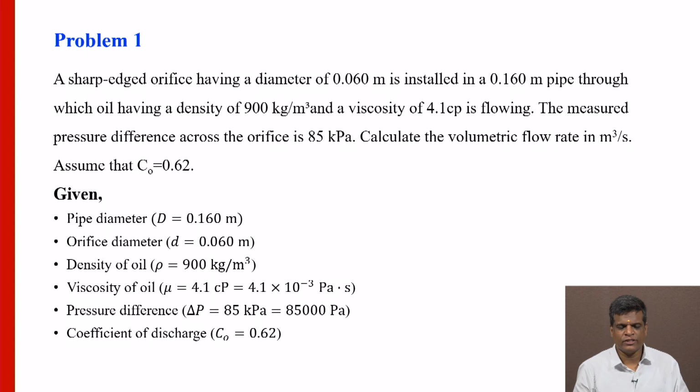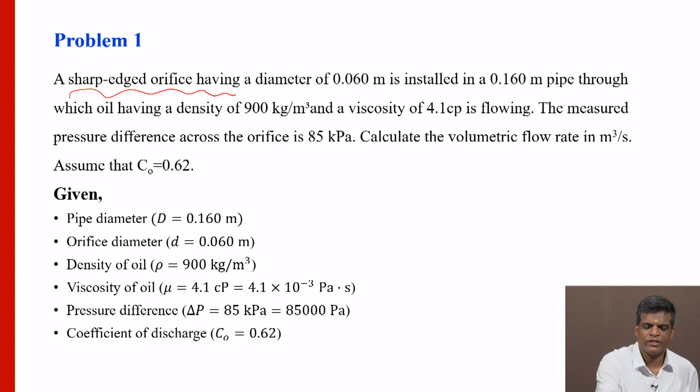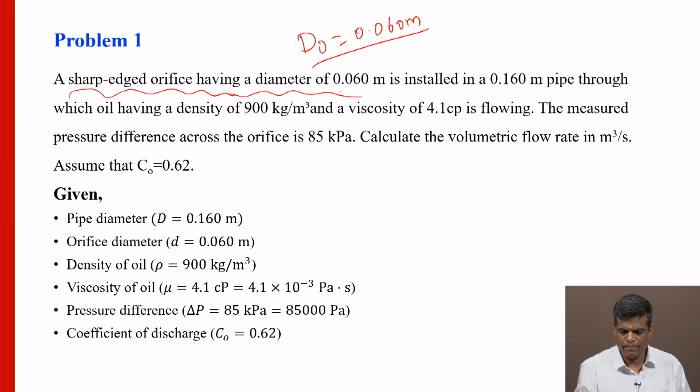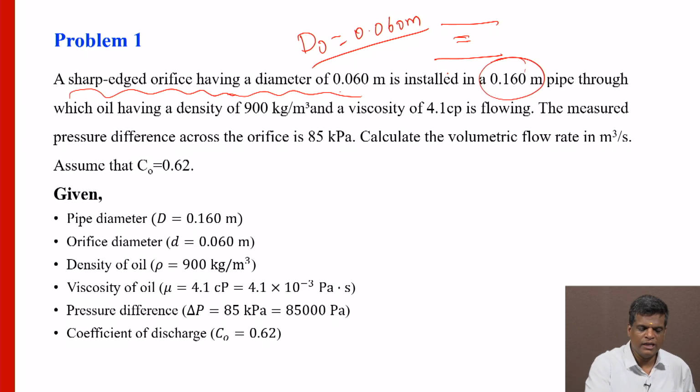So problem 1 we will discuss. A sharp edged orifice is installed in a pipe. The orifice diameter D0 equals 0.060 meter. The pipe diameter D is 0.160 meter, through which oil flows.